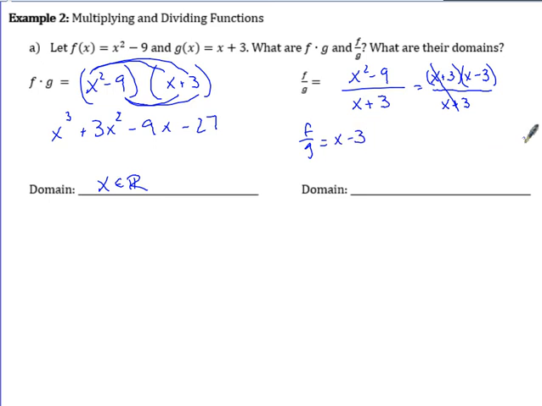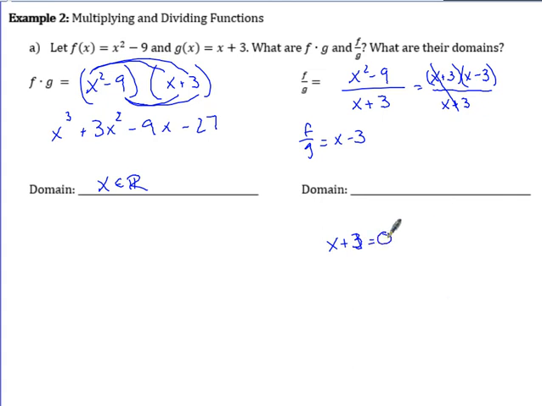However, when I did this division, I had a fraction. So anytime I have a fraction, the bottom of that fraction cannot be equal to 0. All right, what number, if I plugged it in for x, would make this whole bottom thing equal to 0? All right, well, that would be negative 3. Sometimes this one is pretty easy to figure out, but if the bottom starts to get more complicated, the way that we would do it is take the denominator, the bottom of the fraction, and set it equal to 0, and then solve.